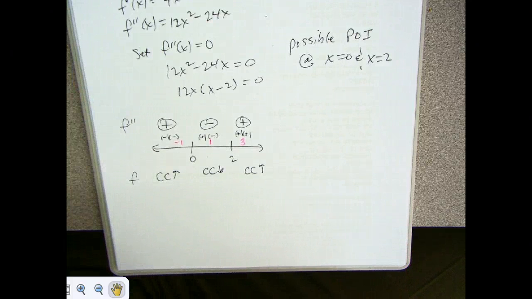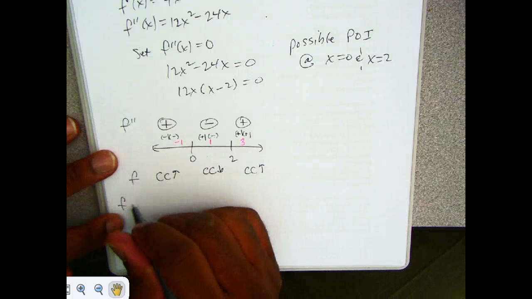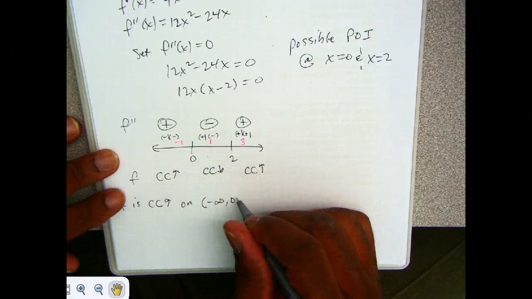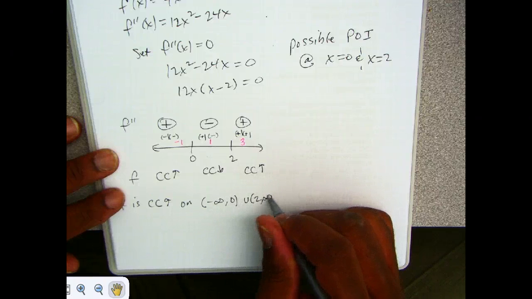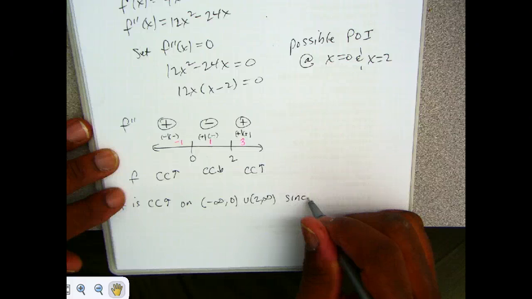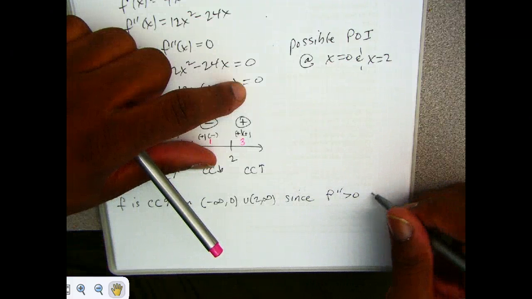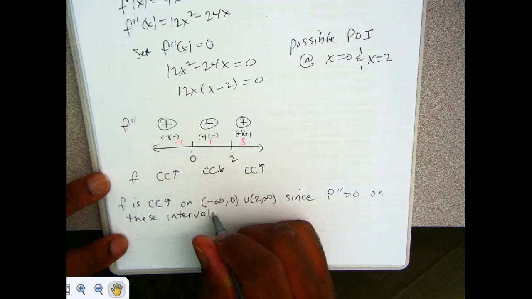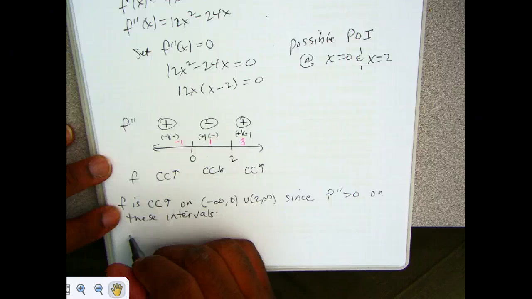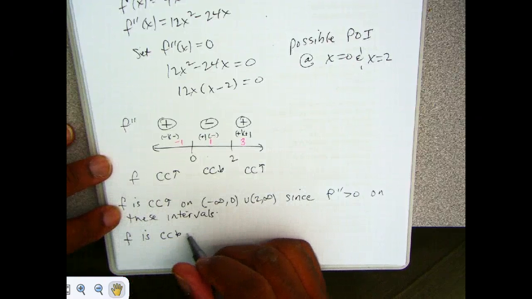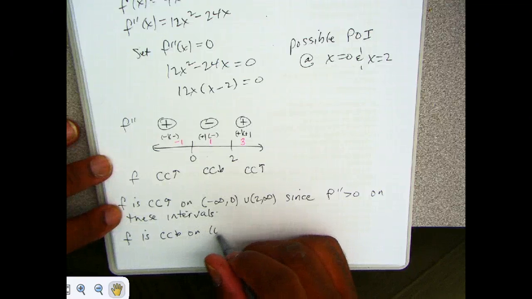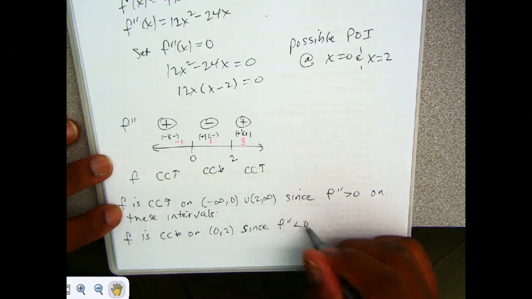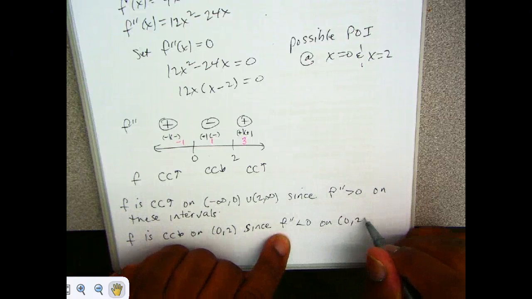Okay, so how do we write this out? All right, so f is concave up on the intervals from -infinity to 0 and from 2 to infinity, since f double prime is greater than 0 on these intervals. f is concave down on the interval from 0 to 2, since f double prime is less than 0 on the interval from 0 to 2.